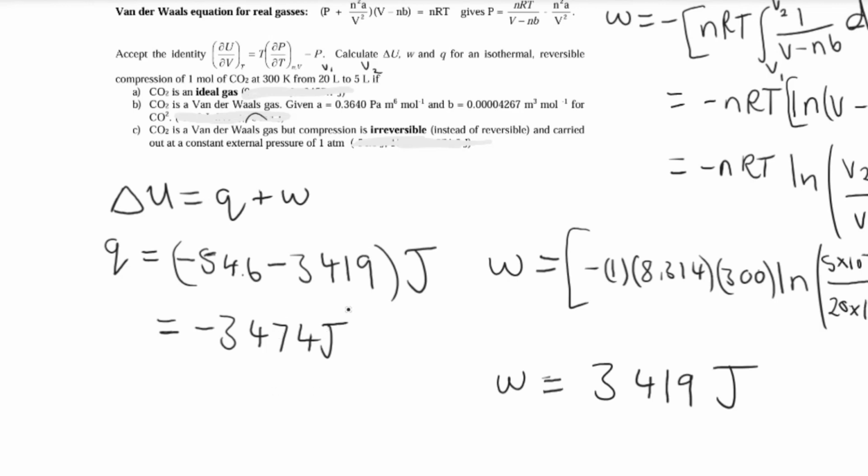And we can do the last question here. It still says CO2 is a van der Waals gas but now compressed irreversibly instead of reversibly, and carried out at a constant external pressure. Now you see the word constant is another key word. Constant external pressure is what makes it irreversible. Like the sketch that I showed you in the beginning of this video, the pressure that is outside is much stronger than the pressure that is inside.